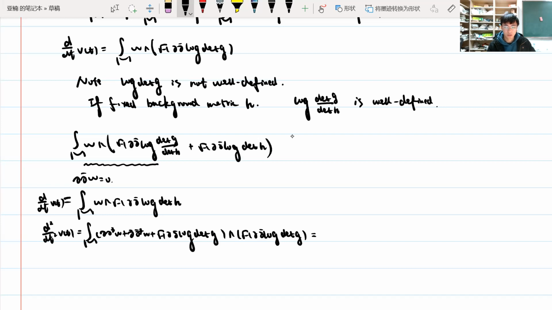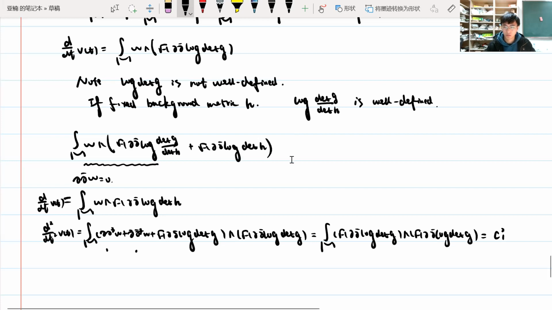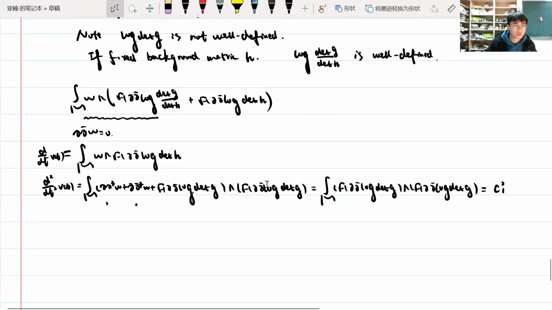And because this is a closed real form, the first and the second term are 0 just by integral by parts. So the only thing left is a constant.